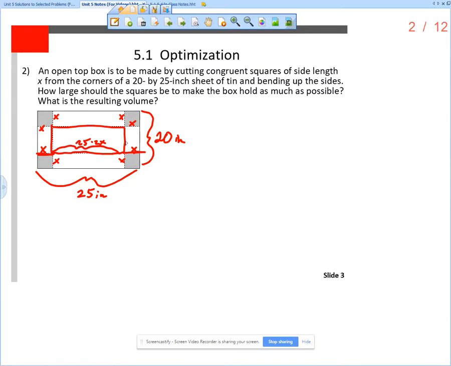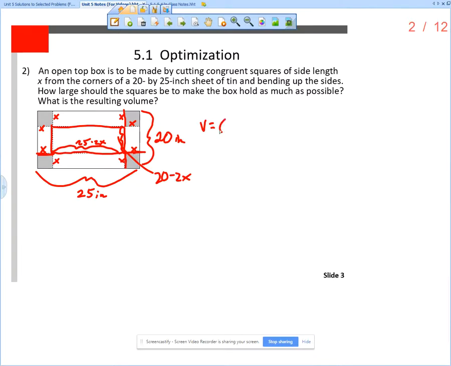Same thing here. I started with 20 and I took x off here and x off here. So now my resulting length there is going to be 20 minus 2x. And then as I fold those sides up, x is going to be my height. So what would the volume of my open top box be?